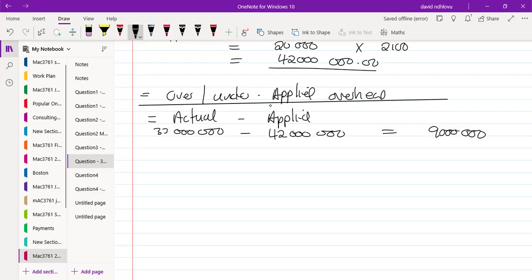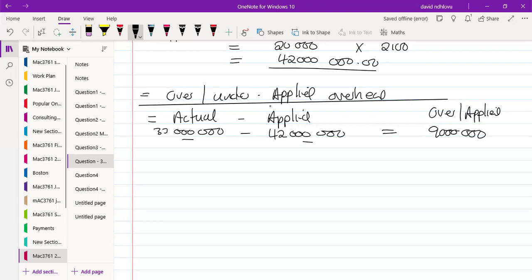So what are we saying? We charged this, but the actual cost did not actually add up to 42. The actual cost is 33. So therefore, this is over-applied. We over-applied the overhead. We charged ourselves too much. So if you overcharge yourself on an expense, you reduce the gross profit.